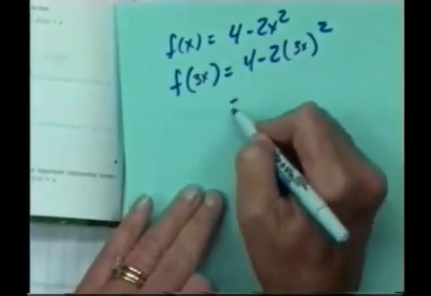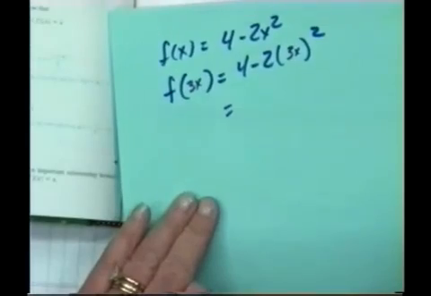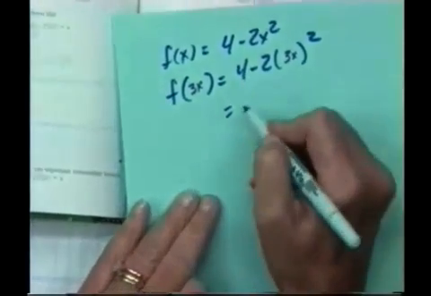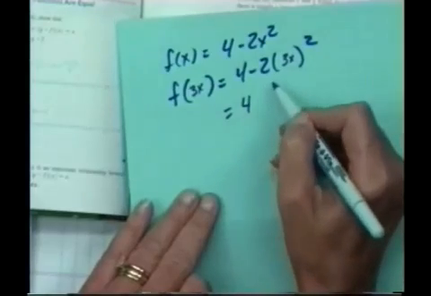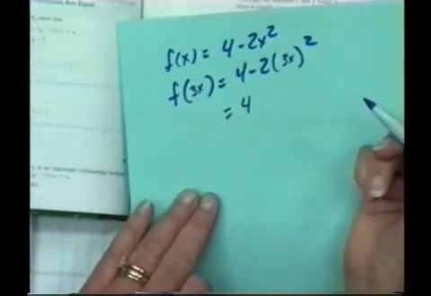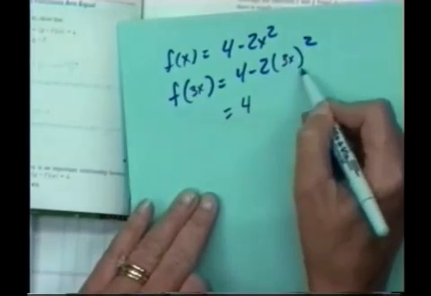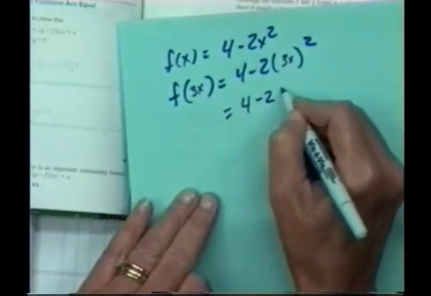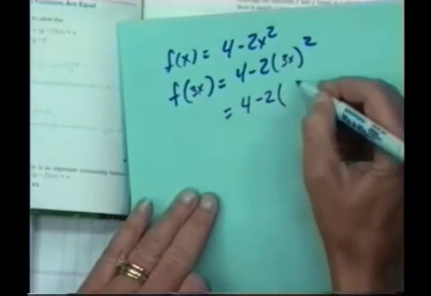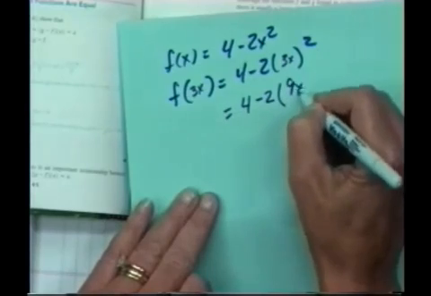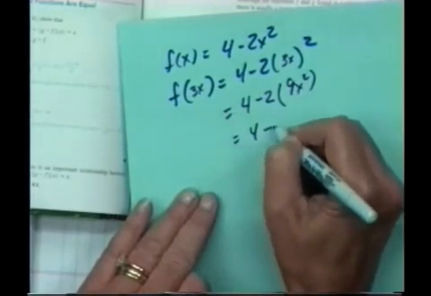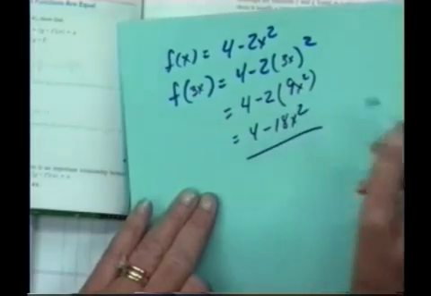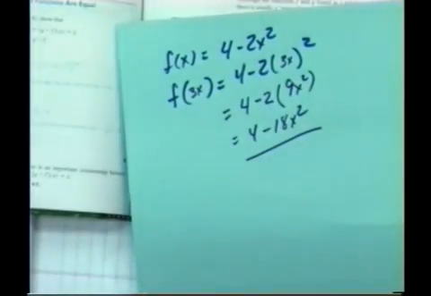How do you handle this last term? How do you simplify that part? Square the 3x. Okay, so it's 4 minus 2 times, and when you square 3x, you get 9x squared. So we get 4 minus 18x squared. Okay, everybody good?